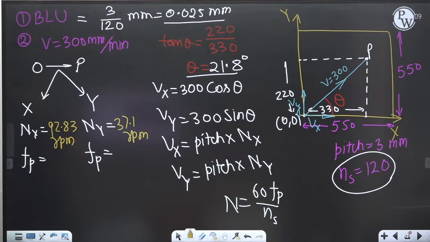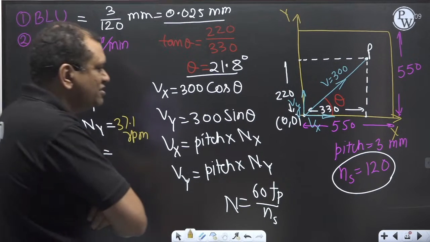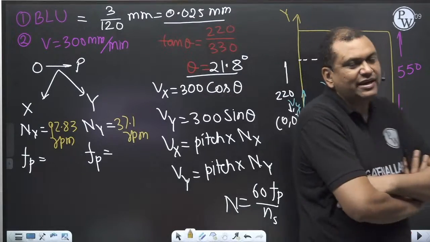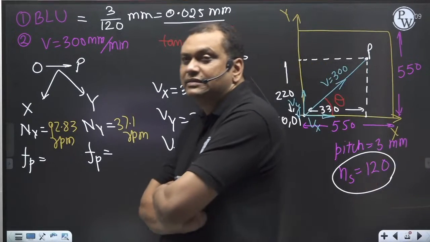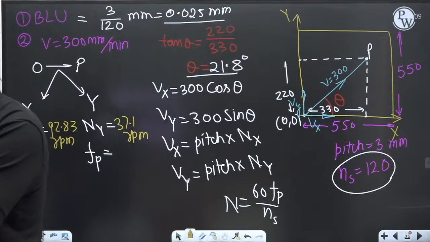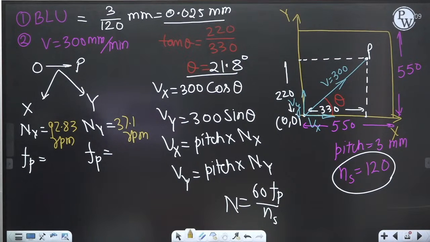Oh, maybe I made some calculation mistake in the angle. Is that correct? That's what I told you. Sometimes my calculator may be slightly off. Acha, theta is, whether Rohit is correct? 33.6 degrees.